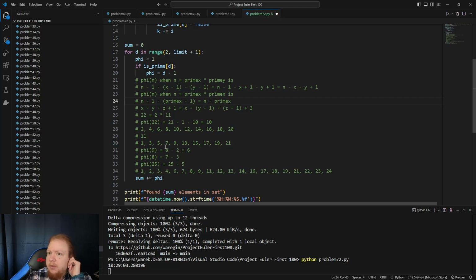Double checking that it works for 9. 9 minus 3 is equal to 6. Good, good. Now, for 8, the correct answer is 7 minus 3.